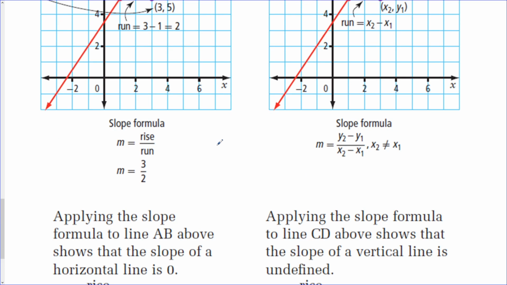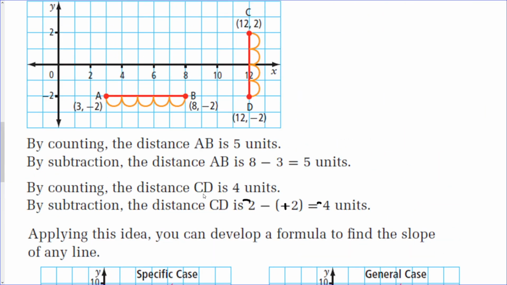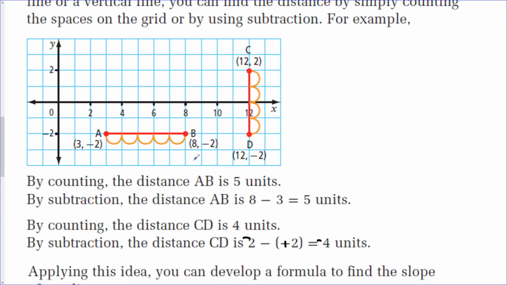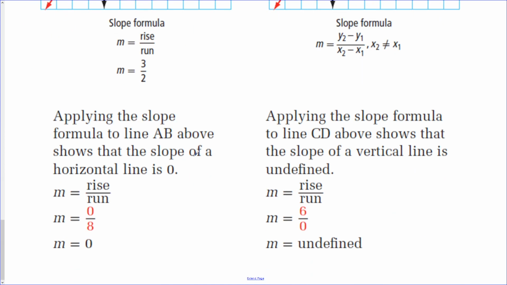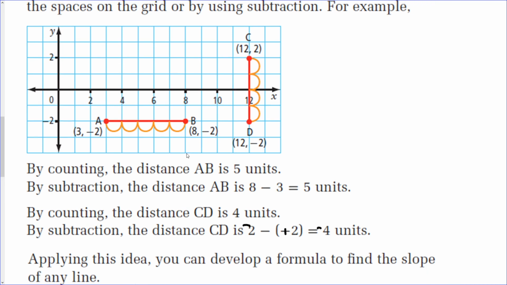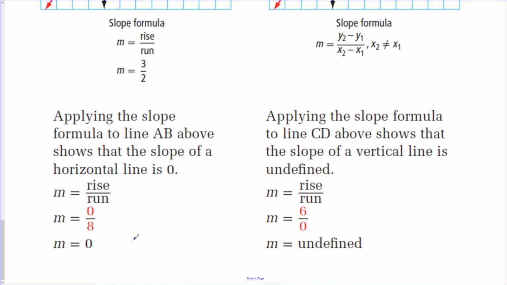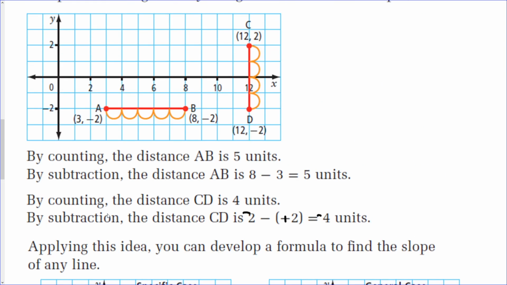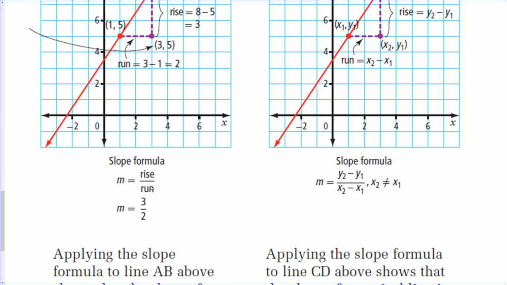If we look at line AB up here once again, the rise goes from -2 to -2. -2 minus -2 is equal to 0. So there's no rise. The run, we determined from 3 to 8, is 5 units.